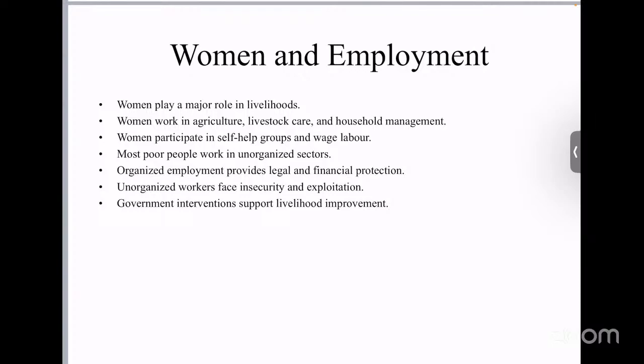Livelihoods are much more than jobs or income generation. They include all activities, resources, relationships, and opportunities that help people survive and live with dignity.